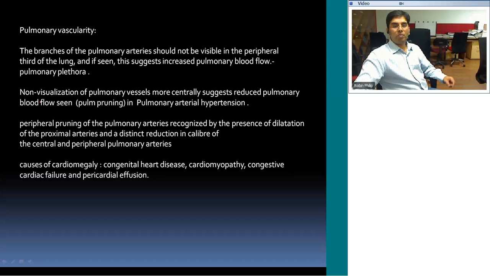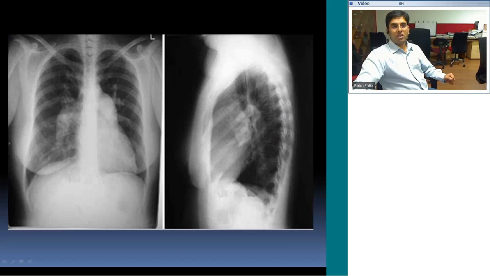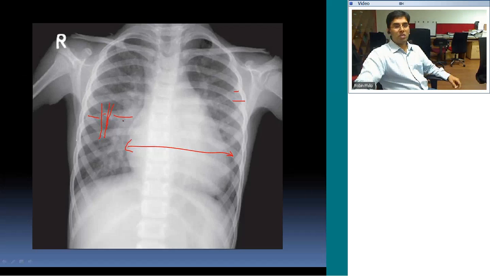And then non-visualization of pulmonary vessels more centrally. If you're not able to see the pulmonary vessels in the mid zone, if you divide this into two or three areas, lateral, middle, and you're not seeing them here, that means, like in this case, you can see this overall oligemia. The lungs look a little translucent. That is because this is pulmonary hypertension with pulmonary oligemia.